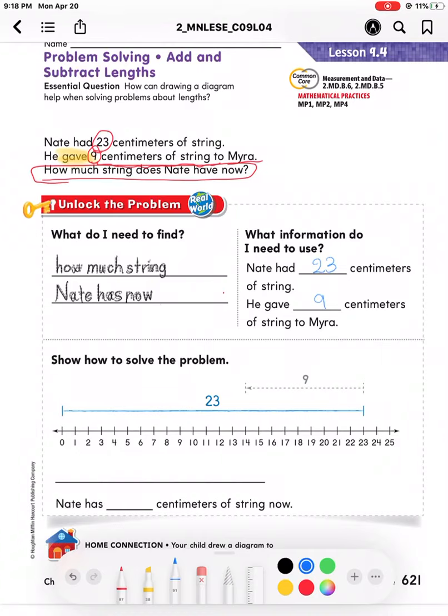So let's show how to solve the problem. As you can see here, this is Nate's string, which was 23 centimeters. You can see it like this. This is going to be the red one. Let's imagine that this is the string. This is the old one before giving anyone anything.